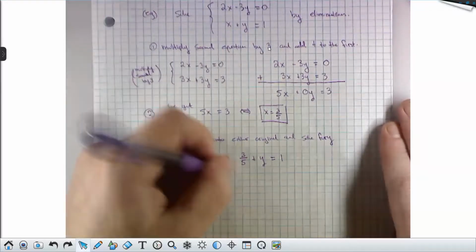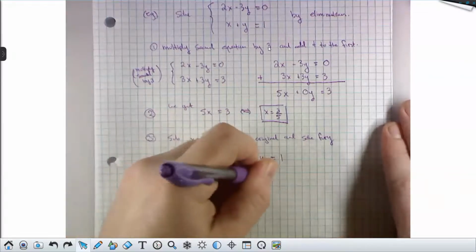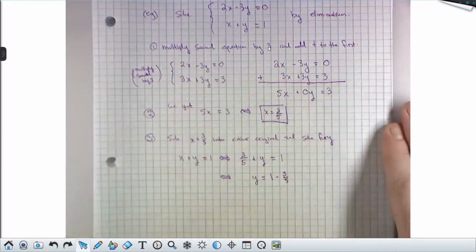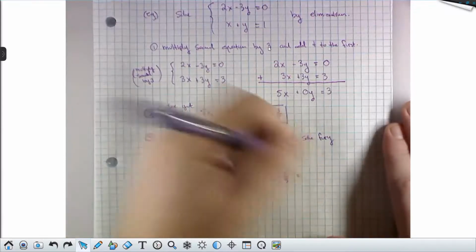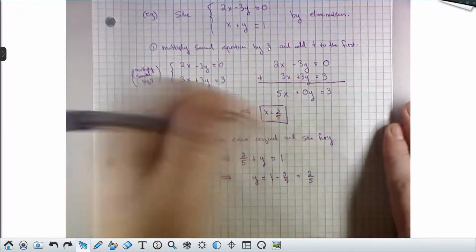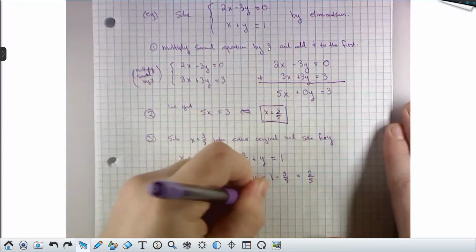And then I can subtract 3/5 from both sides, and I get y equals 1 minus 3/5. 1 is the same as 5 over 5. So this is 5 over 5 minus 3 over 5. That's 2 over 5. So y is equal to 2/5.